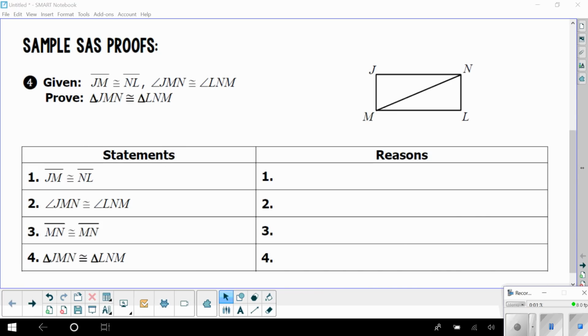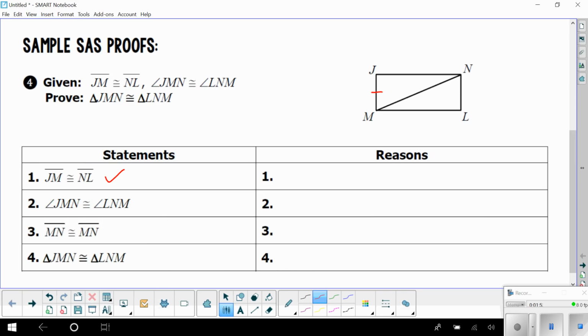All right, so trying to prove your first proof, and I think we actually already did this one. No, we did not. Okay, that's good. So for the first statement, segment JM is congruent to segment NL. So this one right here.